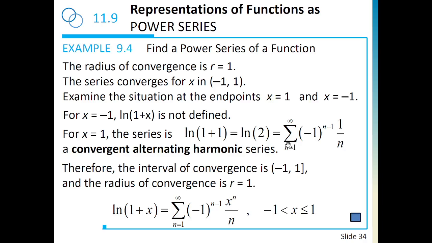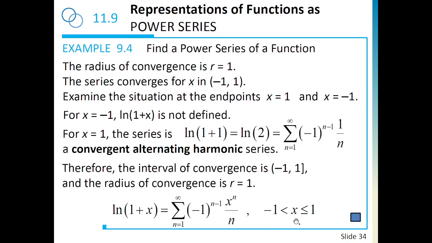So that means that the series is convergent at 1 and the function has the value and they are equal. Which means that this equality holds, is true for all x's between negative 1 and 1, including 1, but not negative 1. So negative 1 open, 1 closed.